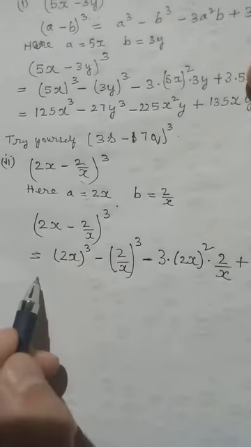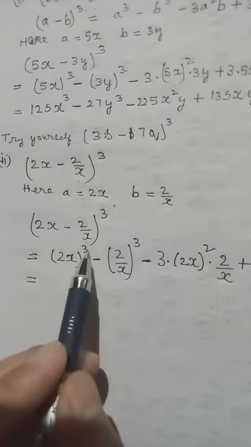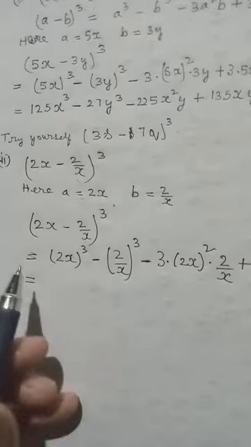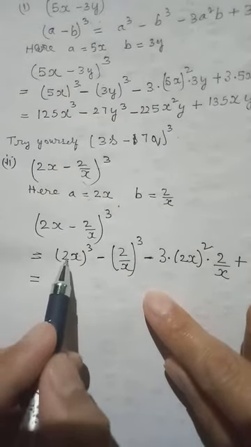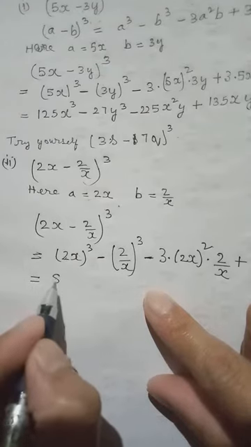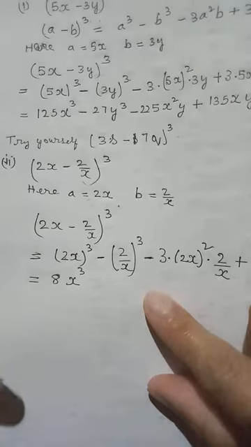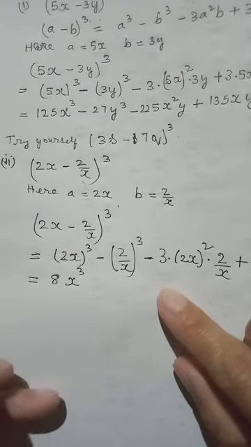Let's remove the bracket. Remember here we have two numbers, so this 3 stands for 2 as well as for x. So you have to multiply 3 times: 2 into 2 into 2, it will become 8. x is an alphabet, power remains the same. Once you finish multiplying the numbers, you can remove the bracket.